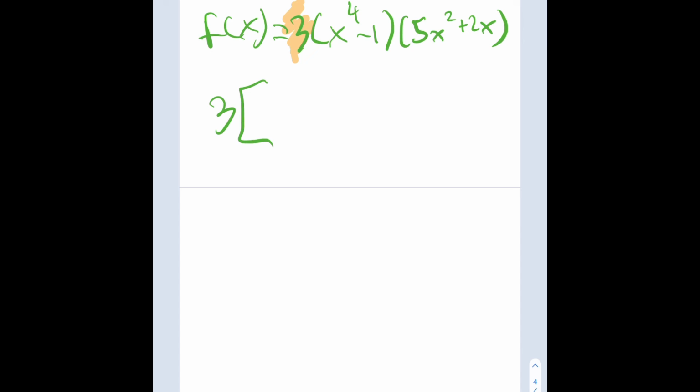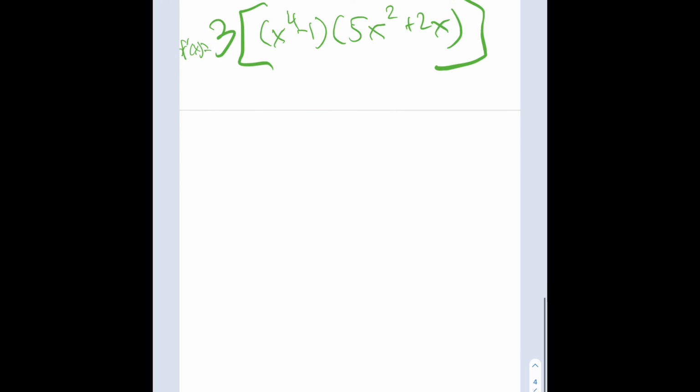As I'm going through to find my derivative, I'm not going to worry about that 3 till the very end. So I have x to the fourth minus 1 times 5x squared plus 2x. Again, finding my derivative, I'm going to ignore that 3 for now.